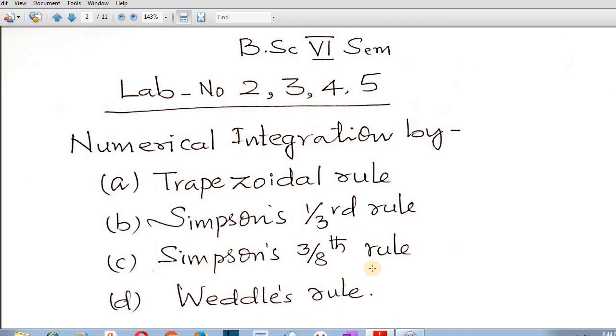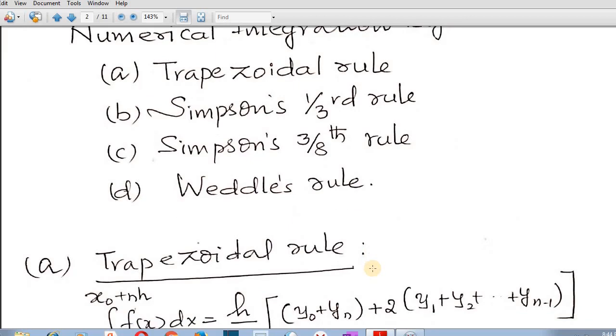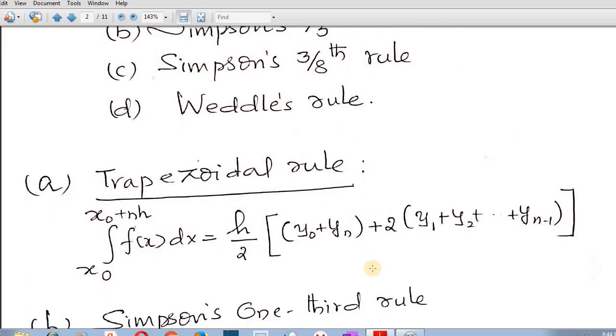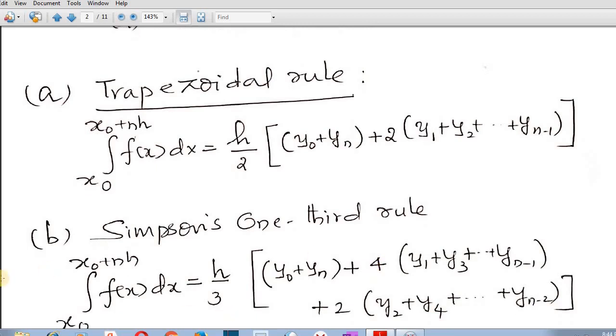What are the formulas to evaluate an integral? First is the trapezoidal rule. We integrate the function from x0 to x0 plus nh, where n is the number of divisions and h is the width of each division.